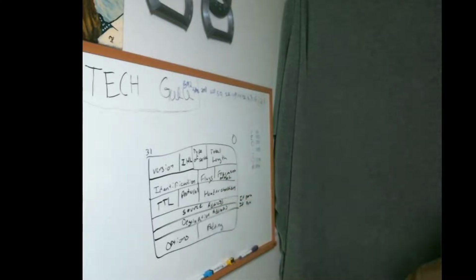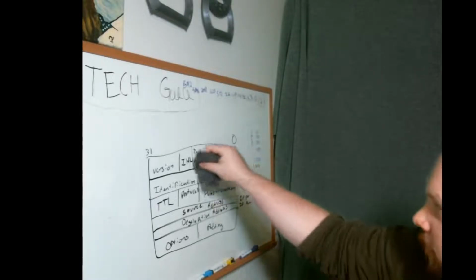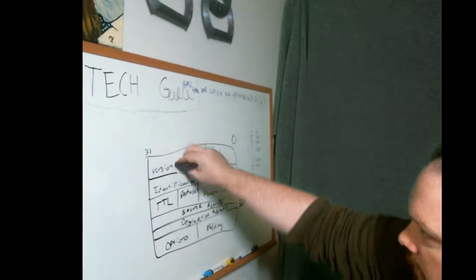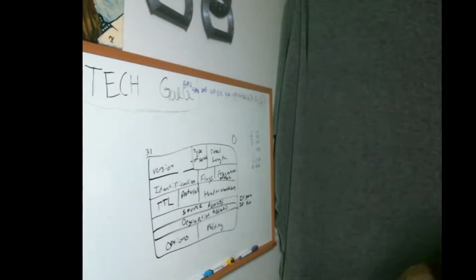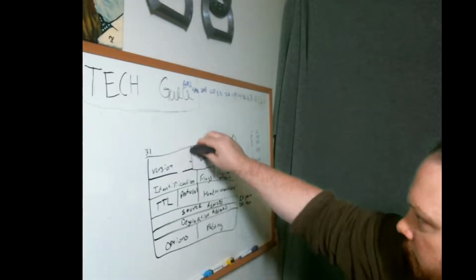The version stays the same, but we get rid of this IHL, and the type of service changes to the traffic class in here.